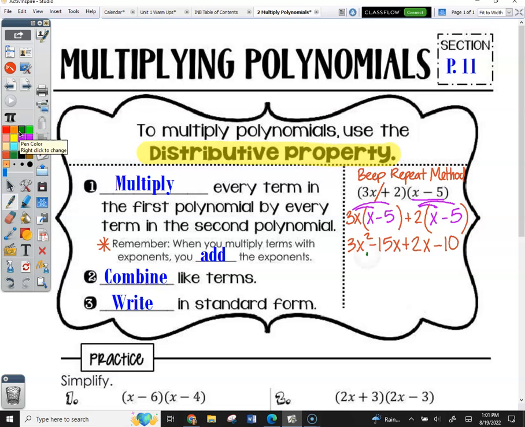And then in the middle, these will always be like terms that you can combine. If you have negative 15x plus 2x, that would be negative 13x. Bring the other stuff down. And that's the answer.